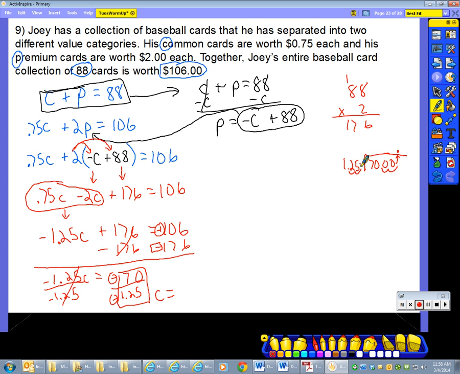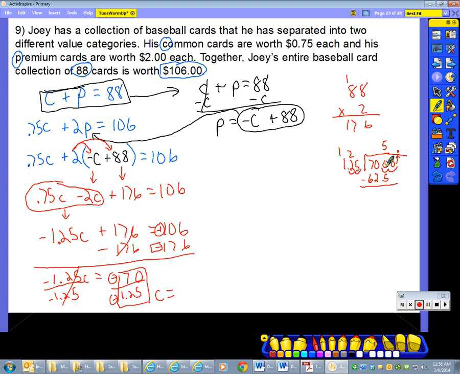So 125 will go into 700, I think it's like 5 times. 5 times 5 is 25, carry your 2. 5 times 2 is 10, plus 2 is 12, carry your 1. 5 times 1 is 5, plus 1 is 6. So 625, and that is probably as close as you're going to get.